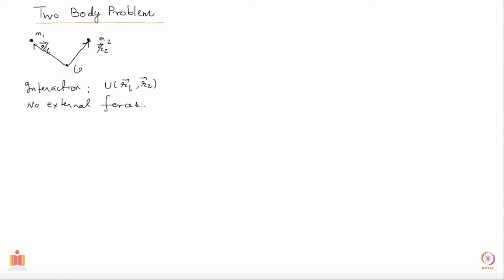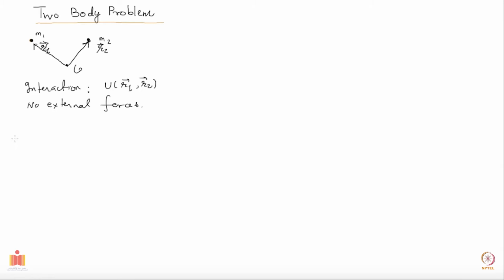So this is what a two-body problem is. You have two particles, two bodies, and they are interacting in a certain way. Here I have made an assumption that the potential energy only depends on where the particles are.